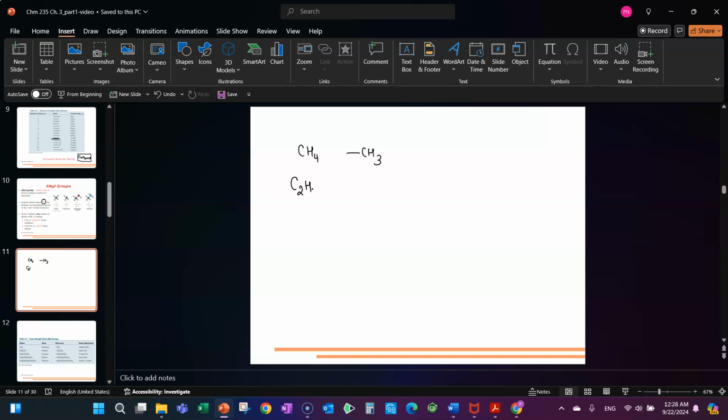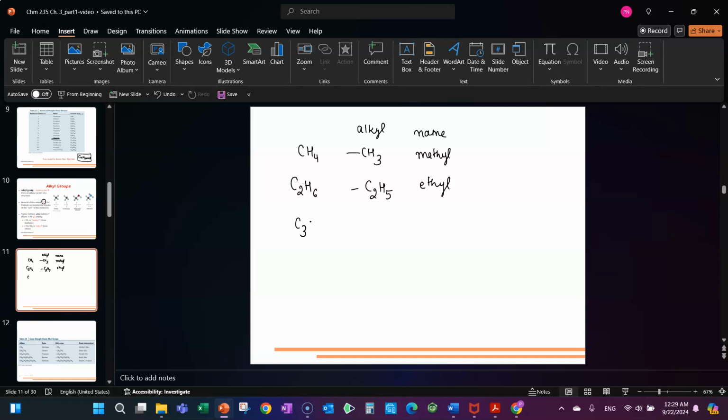Ethane is C2H6, and the alkyl group derived from it is ethyl, C2H5. So this one is methyl, and this one is ethyl.